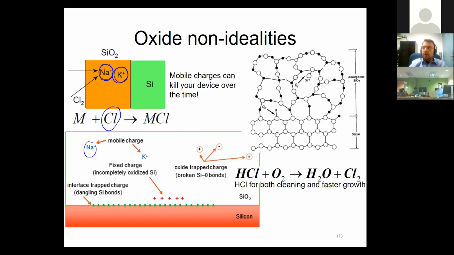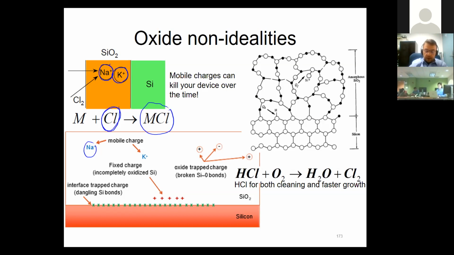And let's say your device might work for a while, but it may really alter the whole performance of your device after a few hours or so. To neutralize them or to make them immobile so that they won't be under the influence of an electric field, they won't be moving around that much, we put in a very reactive gas, HCl.